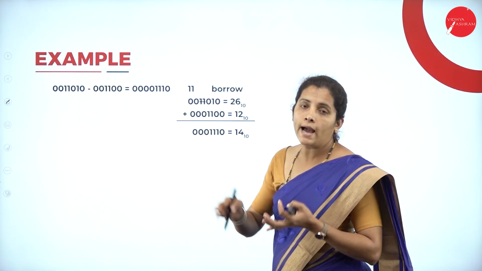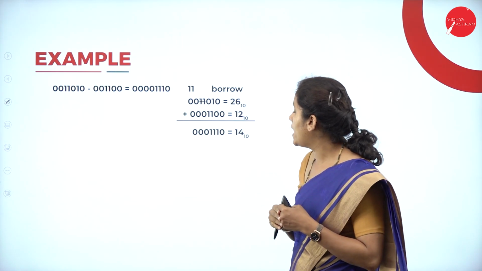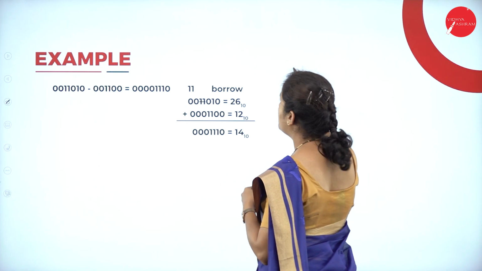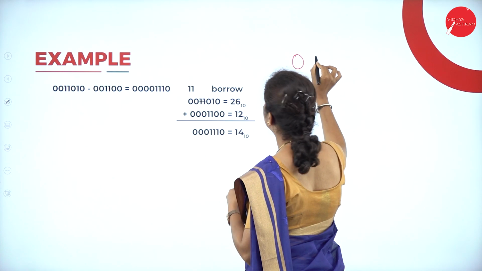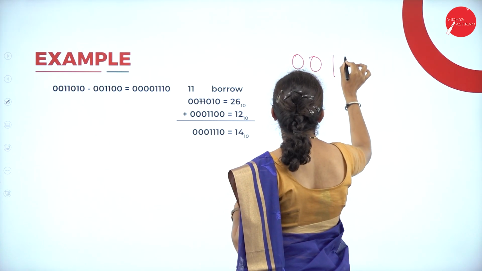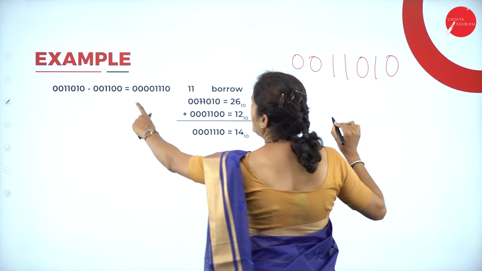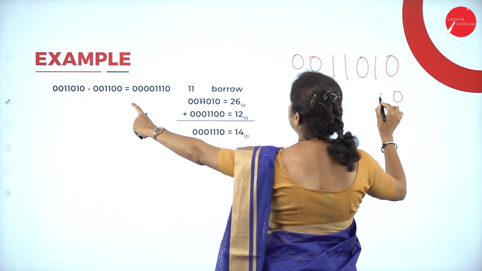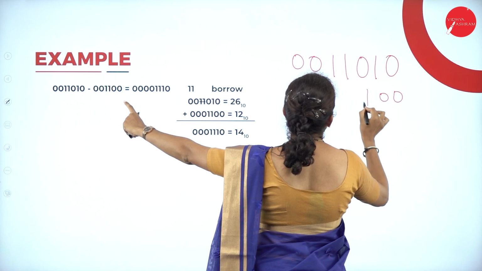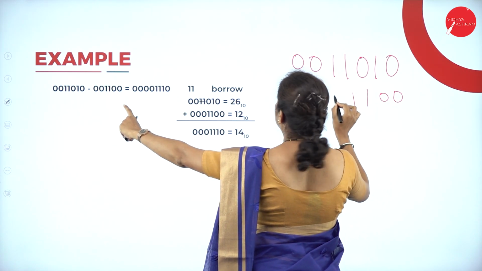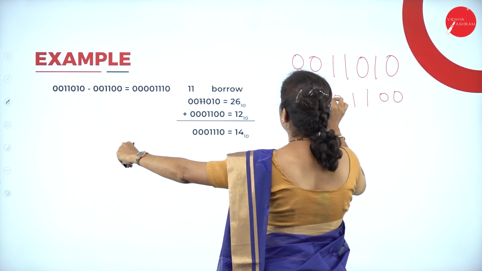So this is the actual binary value we have. So what is the binary value? I have 0, 0, 1, 1, 0, 1, 0. Another one 0, 0, then 1, 1, then I have 0.